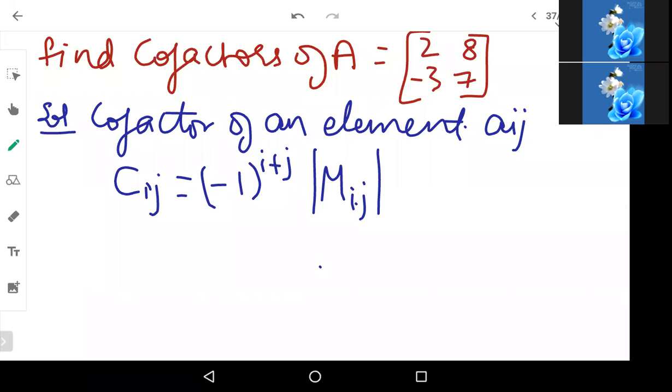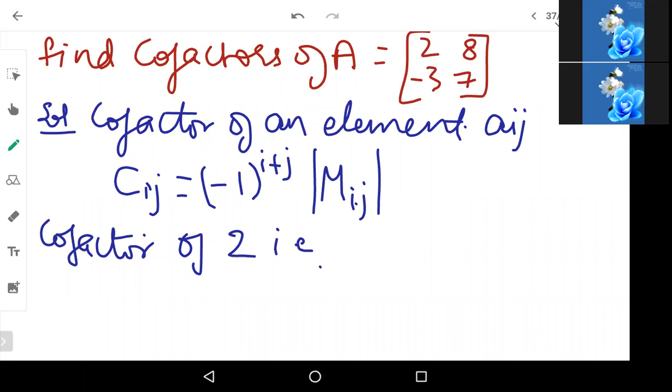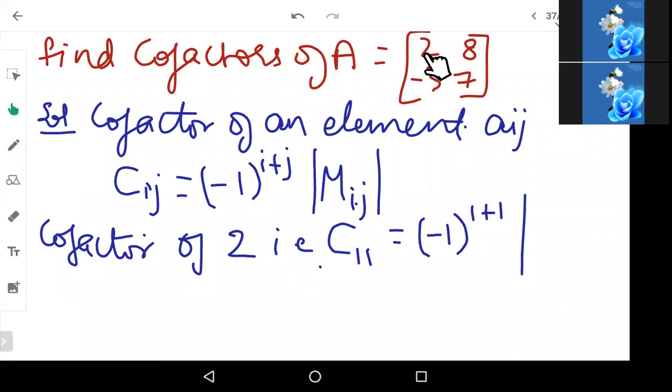So first, the cofactor of what is the first element? 2. The 2 is in the first row, first column. So -1 to the power of 1 plus 1 into the minor. What is the minor of 2? Can anybody tell me the minor of 2? 7.